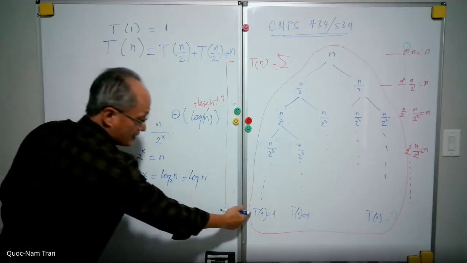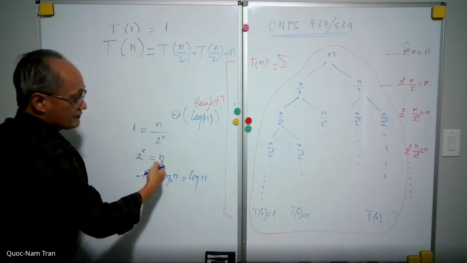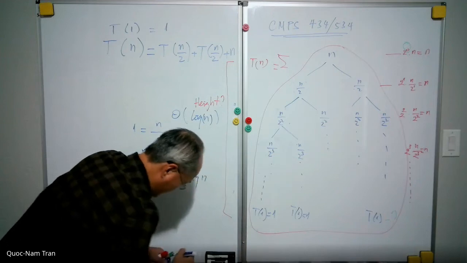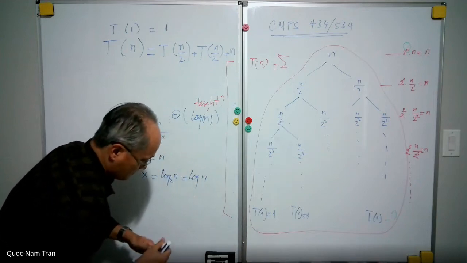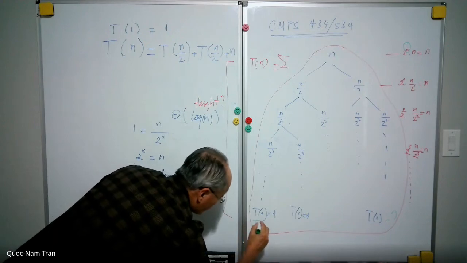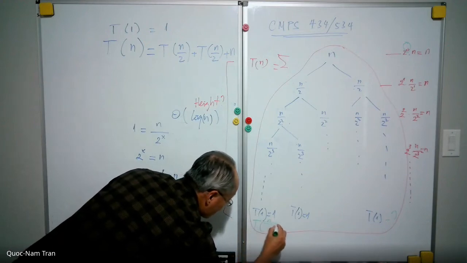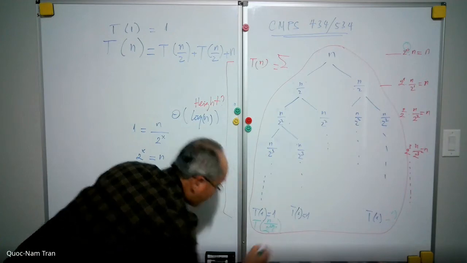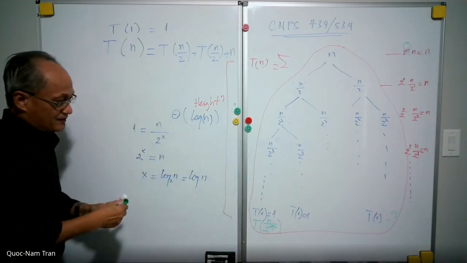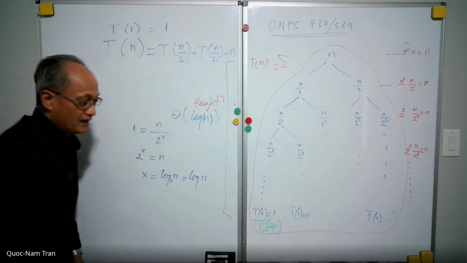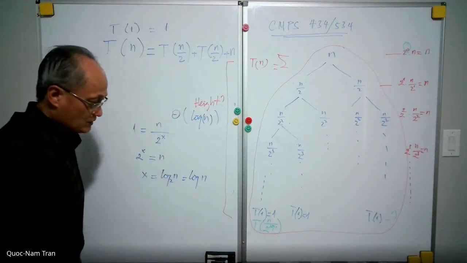Yeah, because here T1 is T of, let me use a different color. T of n divided by 2 power to log n. Okay, so n divided by 2 power to the log n, right, is 1.